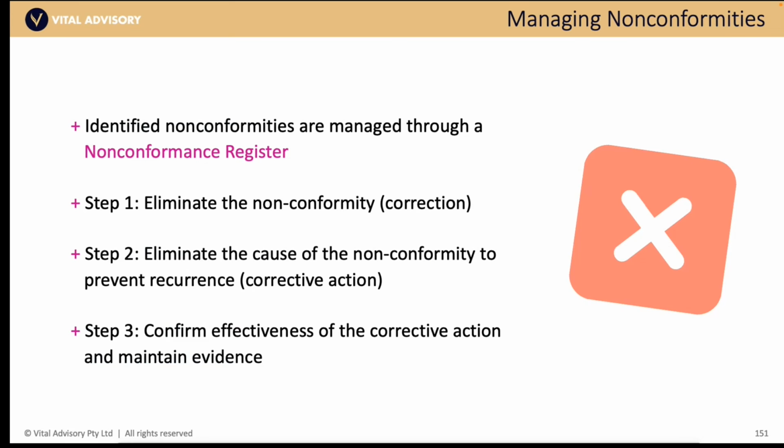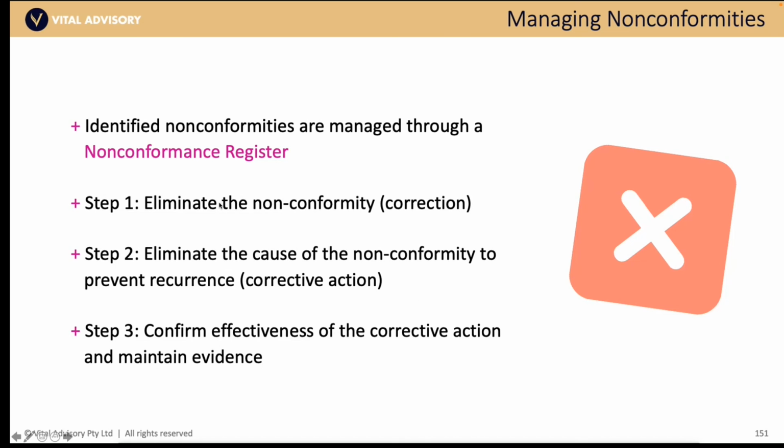As it turned out, I did have a slide on non-conformities, which has basically said what I walked through. Eliminate it, correct it, take a corrective action. And the last part that I didn't really talk about, the standard requires you to confirm that the corrective action was effective to eliminate the cause and maintain some evidence of that.